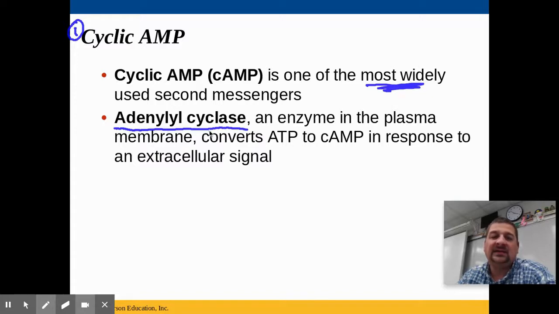Adenylyl cyclase will convert ATP, adenosine triphosphate, into cyclic AMP. In the next slide here, we'll look more specifically at how this is different than ATP.